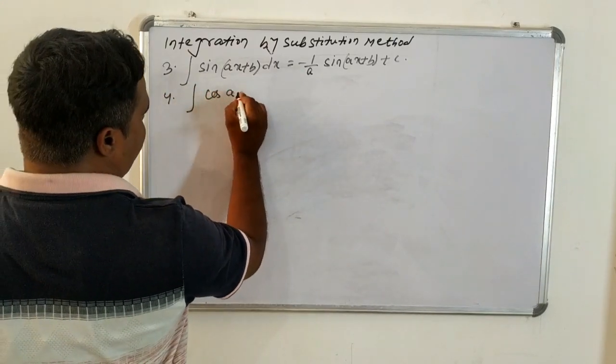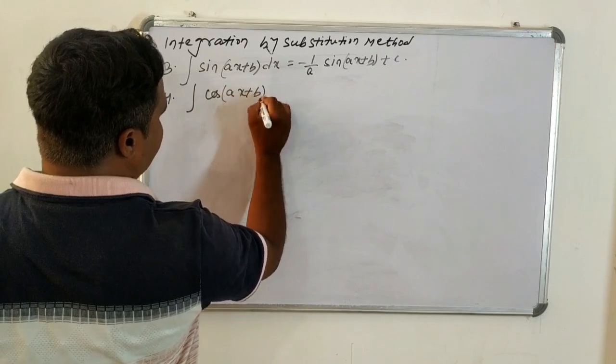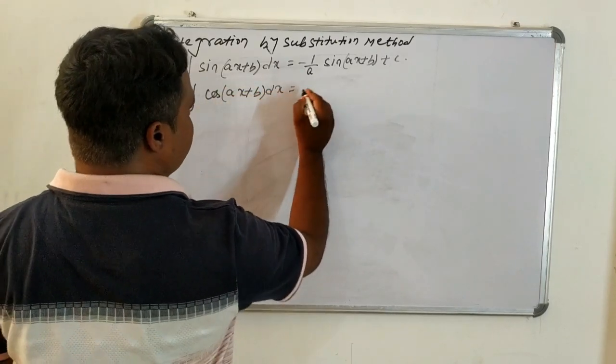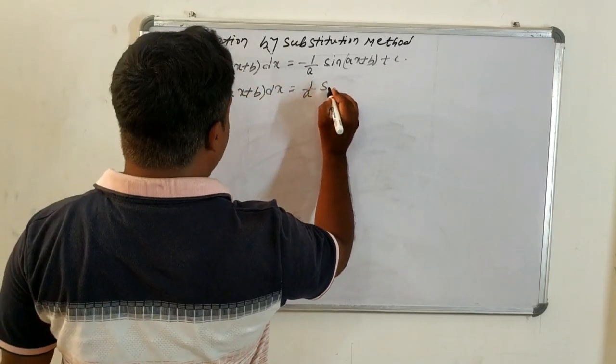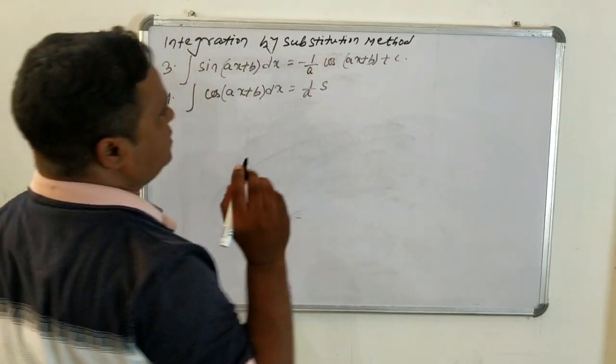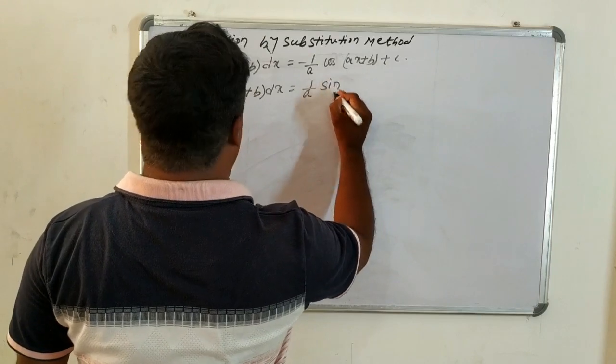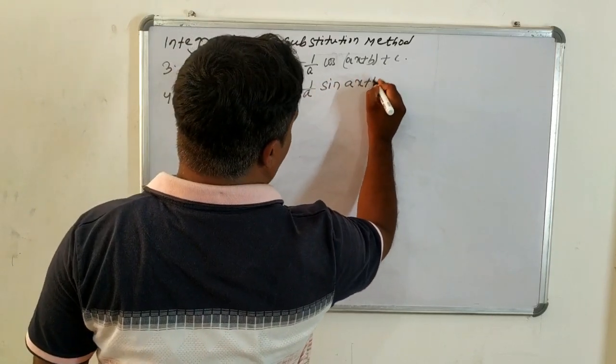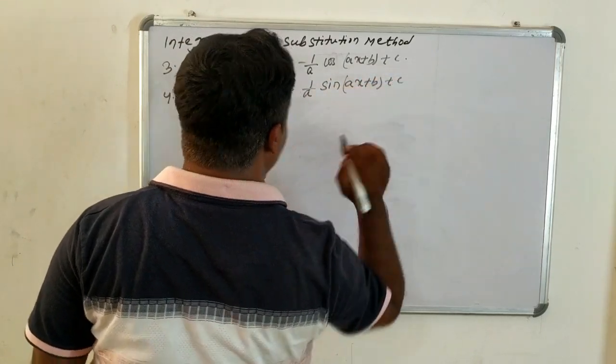Cos of ax plus b dx equals 1 by a sine of ax plus b plus c.